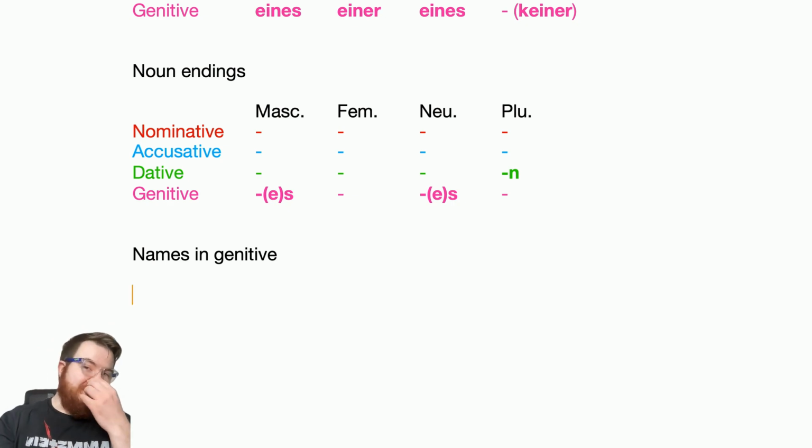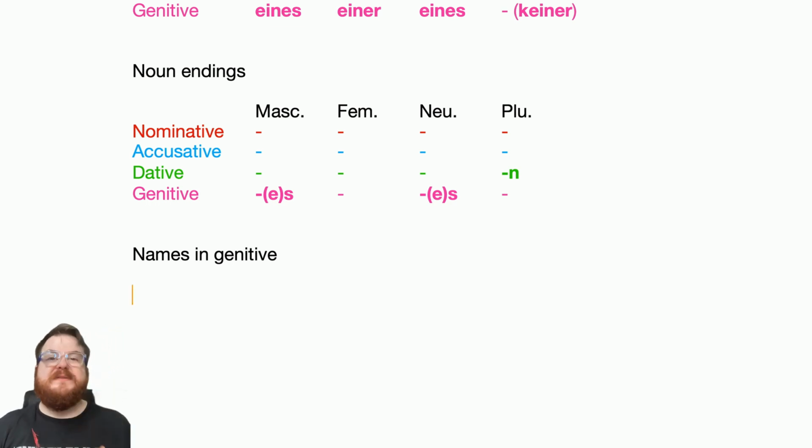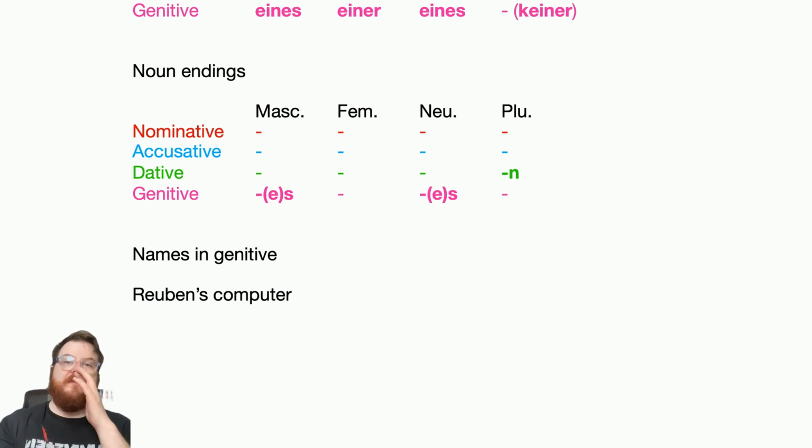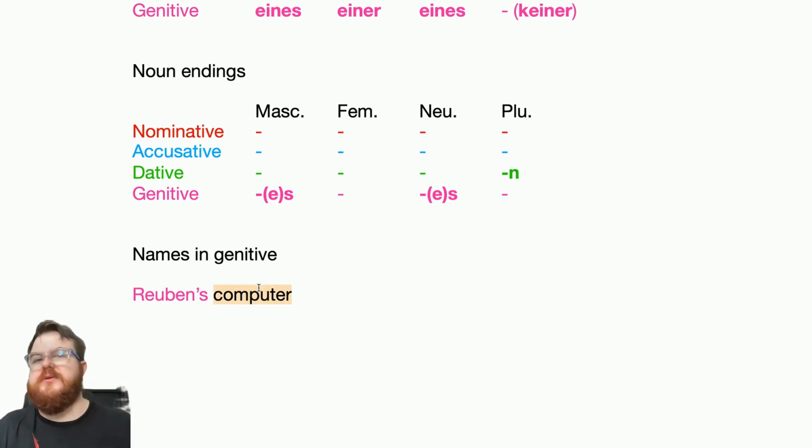if we're using someone's name, then we can actually basically use the same word order as English. So my name is Ruben. Let's say in English, we were saying Ruben's computer, because that's what I'm typing on. So Ruben's with apostrophe S in English would be genitive, and then computer could be nominative or accusative or something. Doesn't really matter.